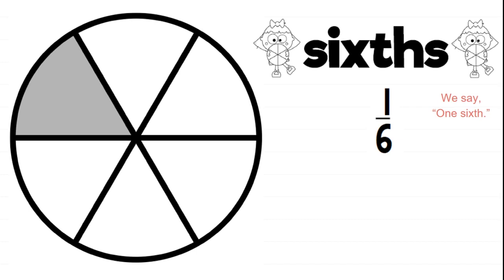And then we have 6. These are just a few examples, okay? Their circle is cut into 6, but we have 1 colored, which is why we have 6 on the bottom and 1 at the top. For this one we say 1/6, okay? If 2 were colored, we would say 2/6. 3 colored would be 3/6, 4 colored would be 4/6, and 5 colored would be 5/6.